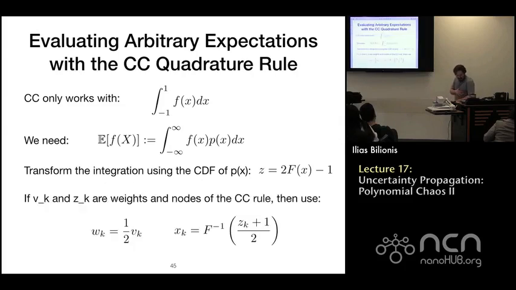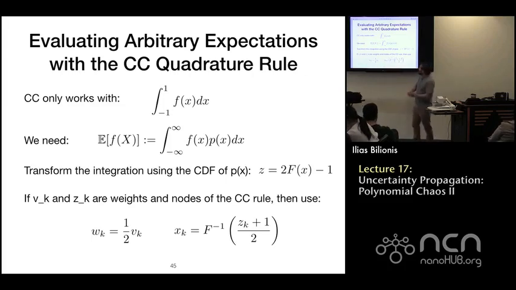Anyway, basically we have shown that if you have the CC rule here, you can use it to derive a quadrature rule for this integral, but the weights of the quadrature rule should be 1/2 the weights of the CC rule, and the quadrature nodes should be the quadrature nodes of the CC rule passed through the inverse CDF.